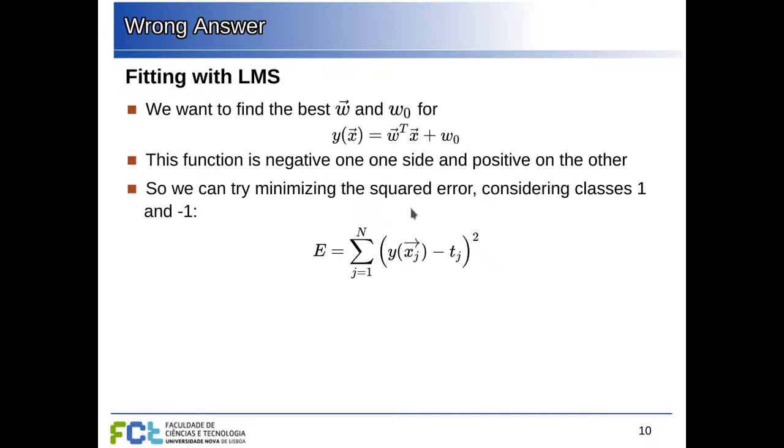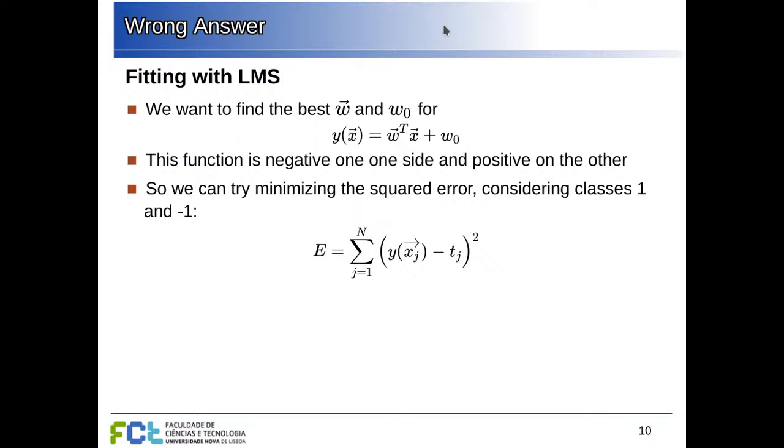We could imitate what we've been doing with linear regression and adjust these parameters so that they give us values as close as possible to -1 when we have examples in class -1 and 1 when we have examples in class 1. So we could minimize the quadratic error. In this case, the target value would be 1 or -1, the class, and the function would be this function that we have here, and we adjust these parameters W in order to minimize this error.